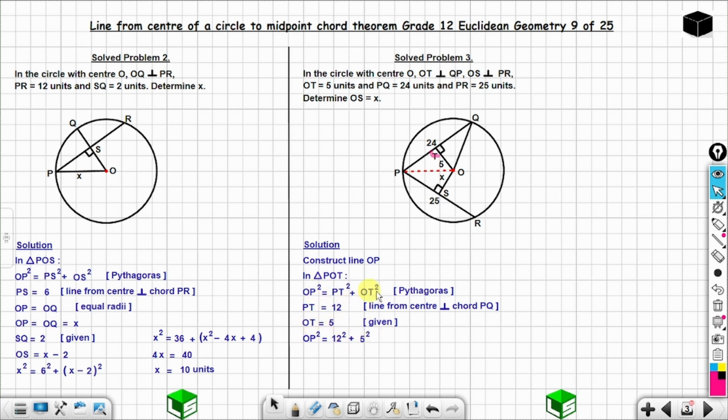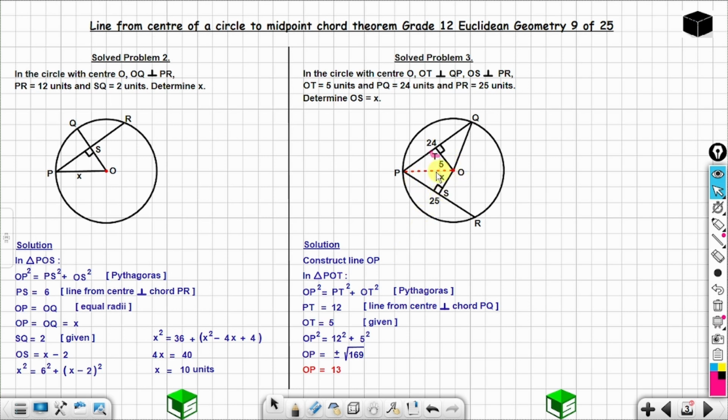This is Pythagoras. Now take the square root on both sides. OP is equal to plus or minus the square root of 144 plus 25, which is 169. OP is positive, so OP is the square root of 169. This is 13.